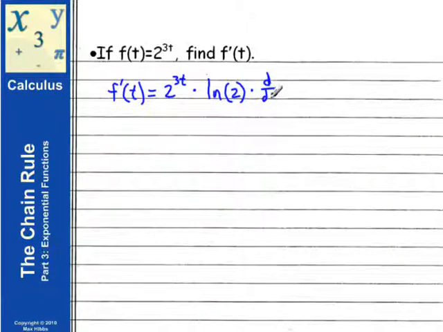Of course, in this case it's the derivative with respect to t of the exponent 3t. And we know that result is 3, so we might rewrite a little bit and put this result 3 in front, so it's going to be 3 times the natural log of 2, all of these are constants, and then finally times 2 to the power 3t.